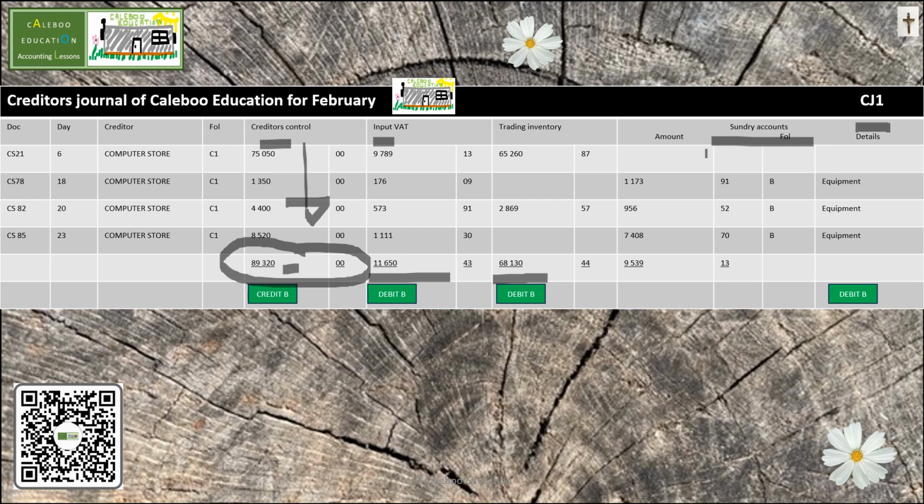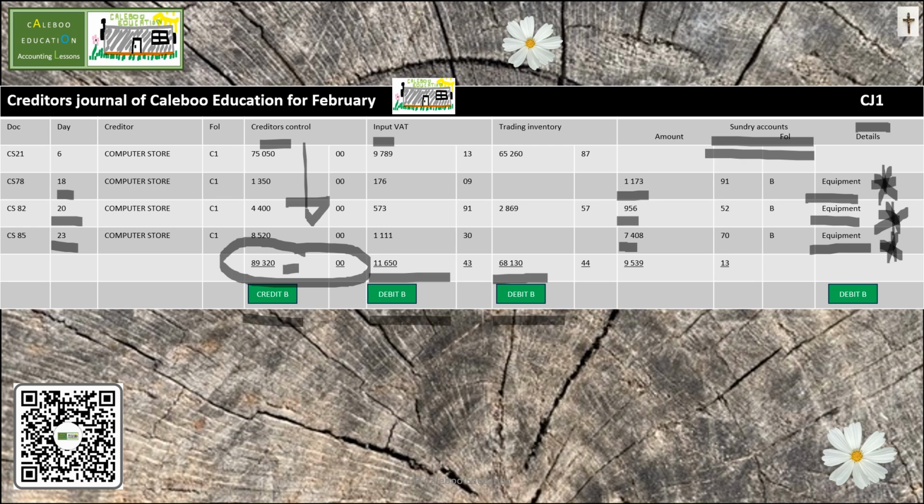If an item appears under sundry, the information is taken to the ledger on the day the transaction took place. Now it might have been better to have one column for equipment, but I'm going to deal with it as it is. 3 transactions relating to equipment appear under sundry.